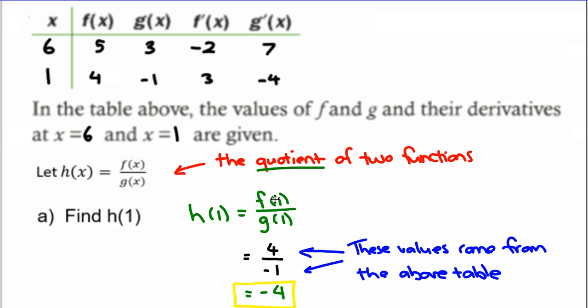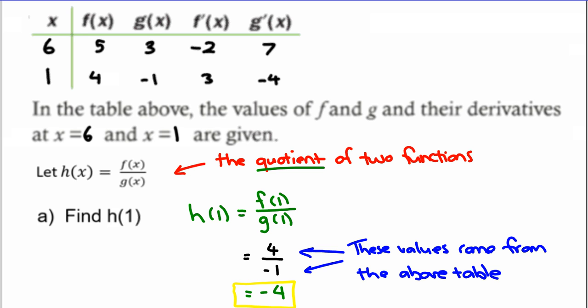So f of x at x equals 1 is just 4, and g of x at x equals 1 is -1. So write 4 divided by -1, and just work out that answer. Positive divided by a negative is a negative. Notice I'm putting in extra points. These values came from the table above, just in case you look back on this and think, where on earth did I get those two numbers from?